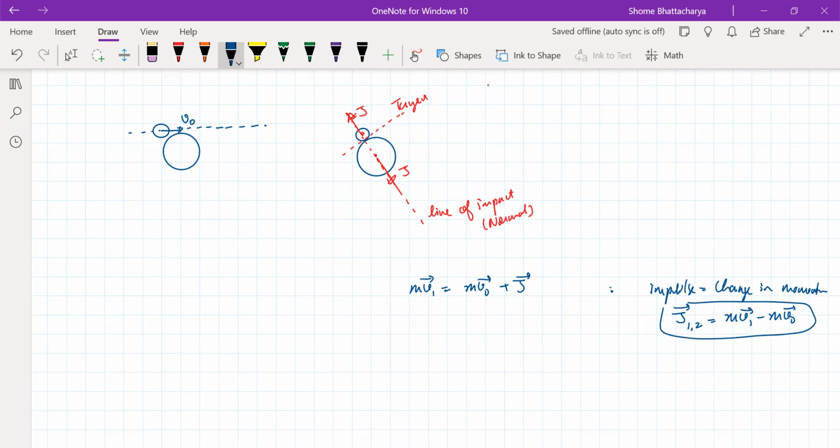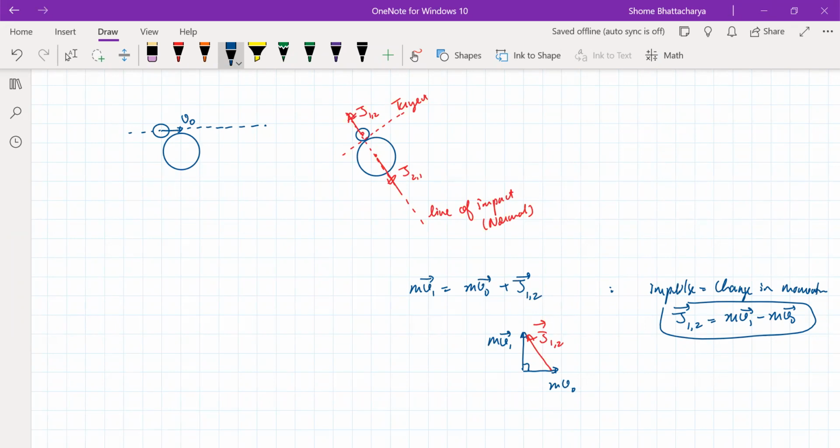When we think of this like a vector diagram, this was the initial momentum, this is the final momentum. So the impulse is like this, the initial momentum plus the impulse. This is the impulse acting on it.